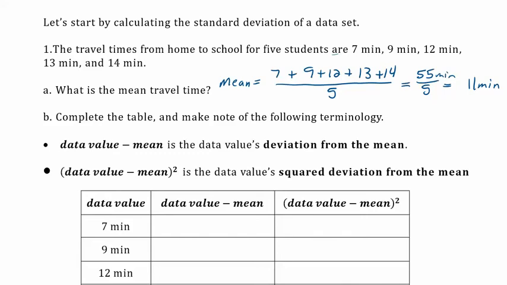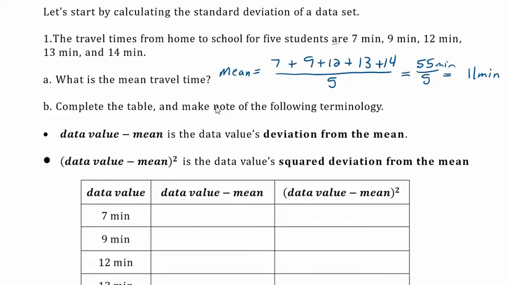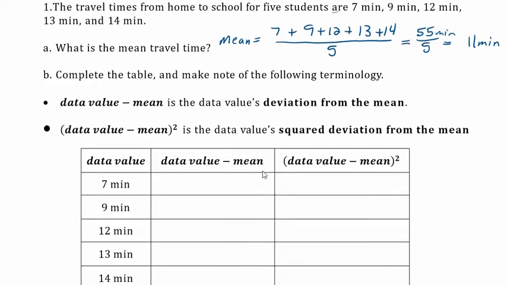Now the next thing we're going to do is most easily done using a table. We've provided a table for you here. For each data value, we're going to calculate the data value minus the mean. This is kind of like what we did with the MAD, except this will have a positive or negative value. Then we're going to square that value, which basically eliminates the positive or negative situation.